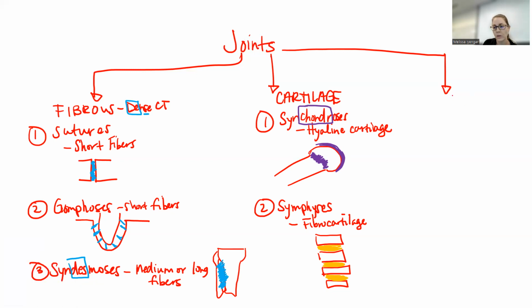The last one is a synovial joint. So here for cartilages, you could put cartilage, but it says cartilage already. So we're going to do synovial. Okay, a synovial joint has to have fluid between the two bones. It has to have a synovial cavity and synovial fluid.